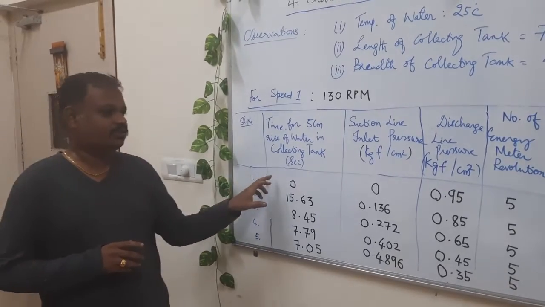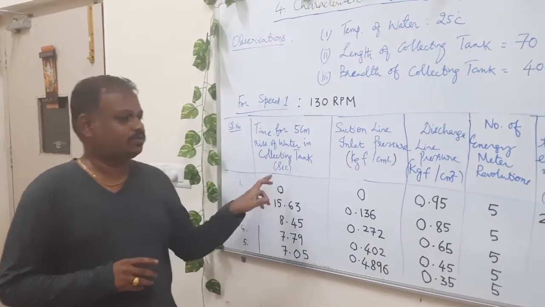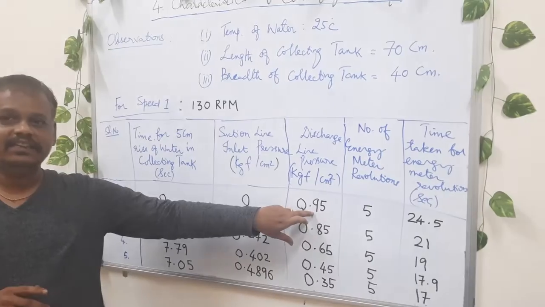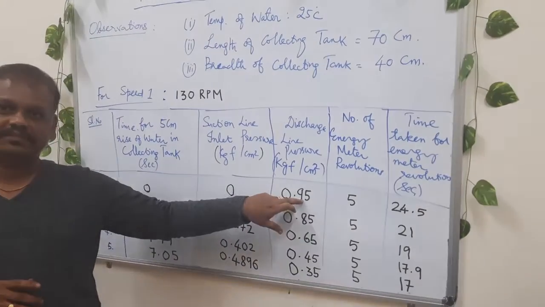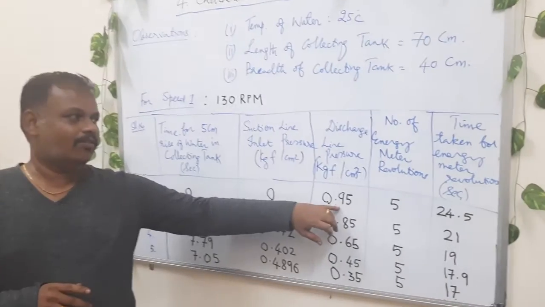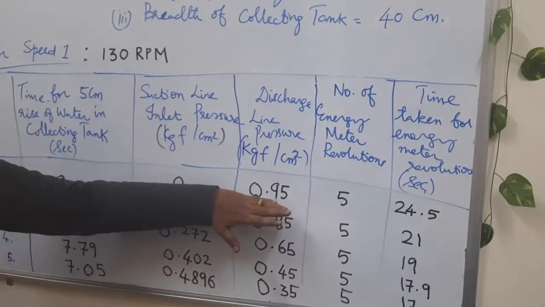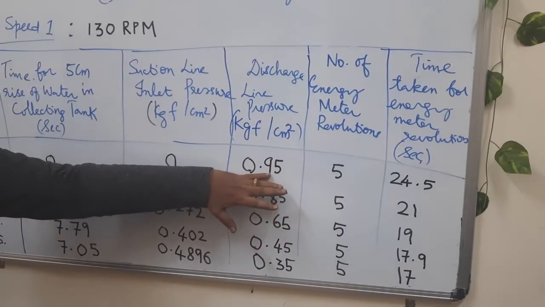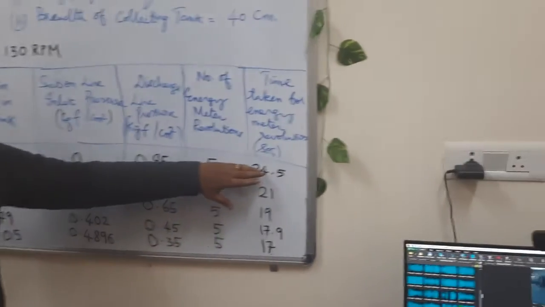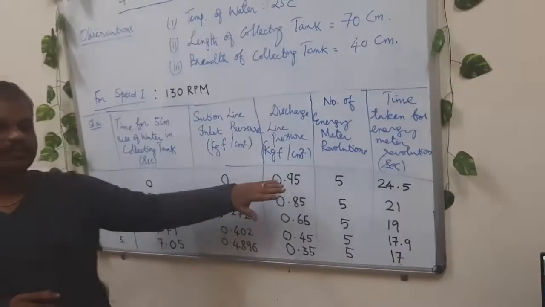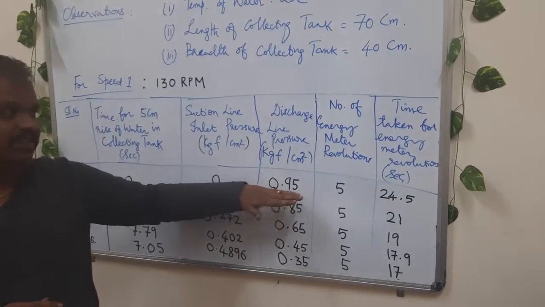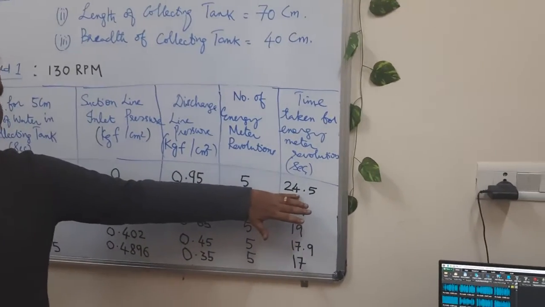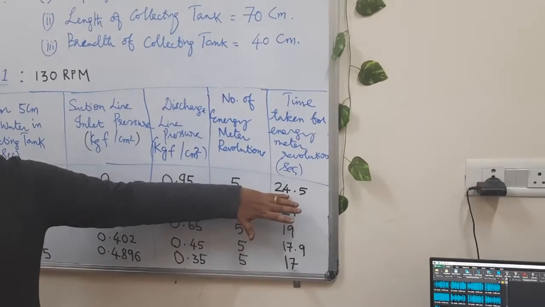Literally, if there is no flow, you should not get any pressure at suction as well as discharge. But you have found pressure in the discharge line, and you will have some energy consumption. You should explain why you have some discharge line pressure as well as some energy meter revolutions.